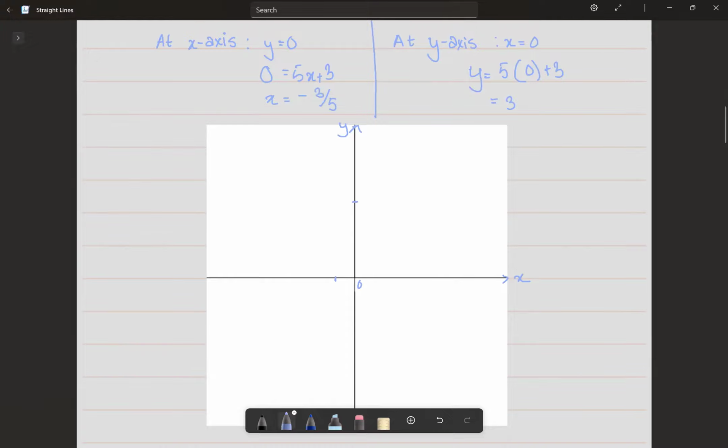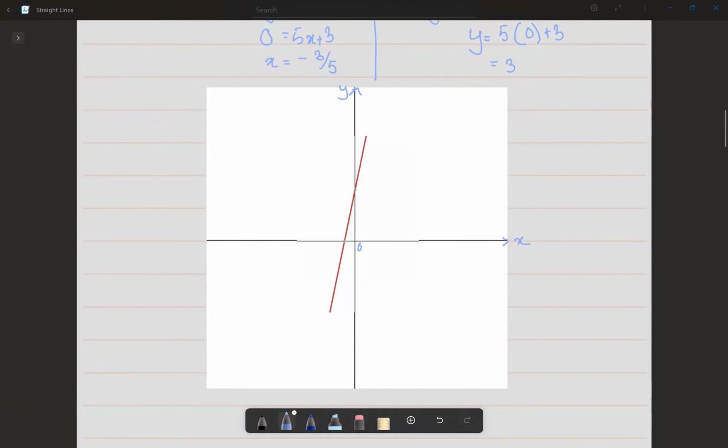So somewhere here, and if we join these 2 points, we will get the line which looks somewhat like this. This is our 3 and this right here is minus 3 by 5. Like this, we can draw all of the graphs.